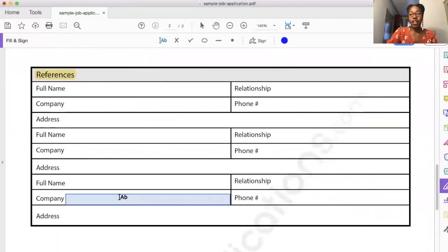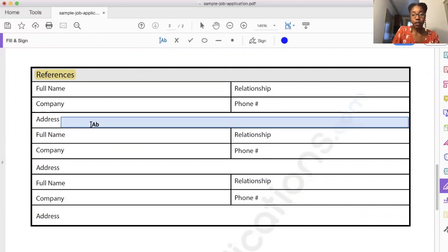Our last section is references. References are people that are called to tell your new job or employer about your responsibilities. So a reference will say, Sarah did this, this, and this. These were her responsibilities at her old job.